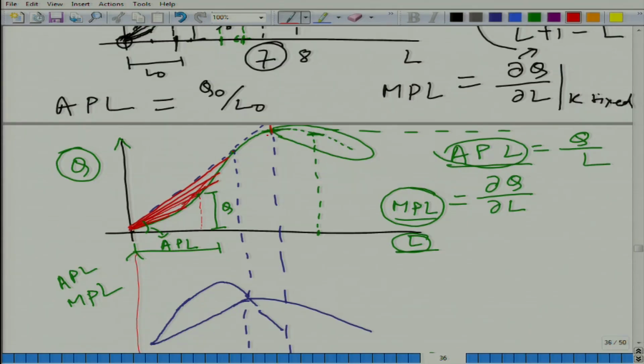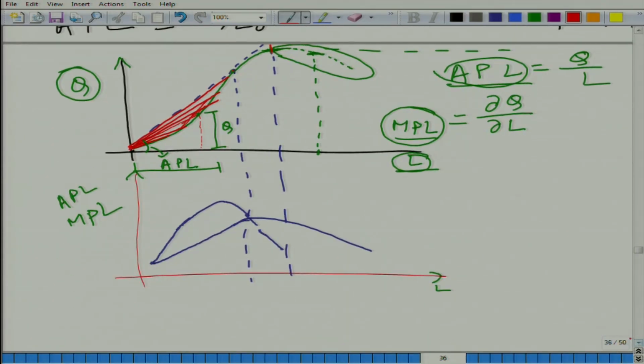Now, we take another graph where L is still on the x axis, but on the y axis we are not plotting Q, but we plot APL and MPL, two different curves. Of course it is rough, it is not very exact. Till this point, average product of labor is increasing, and after this point it starts decreasing.